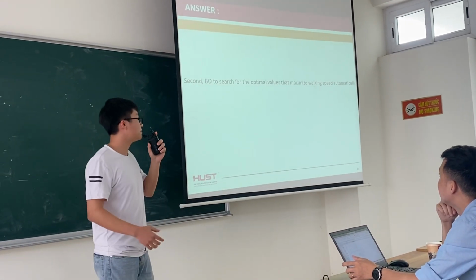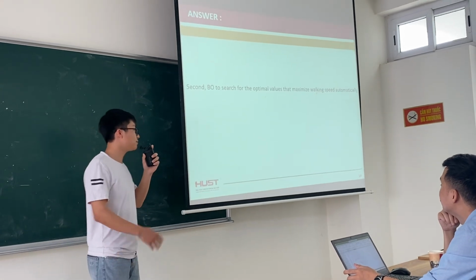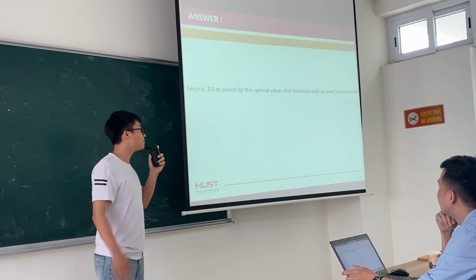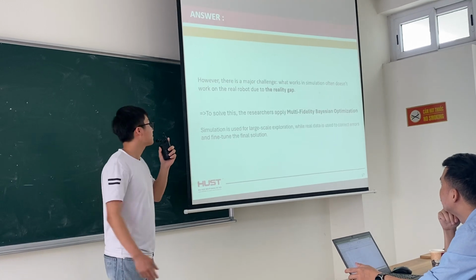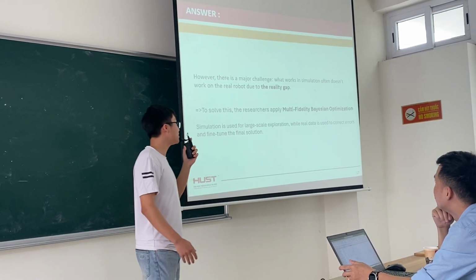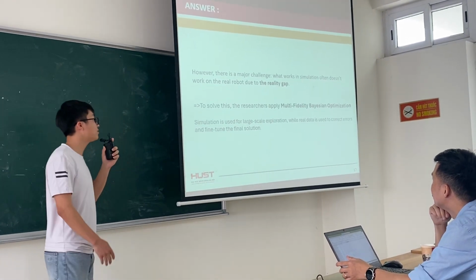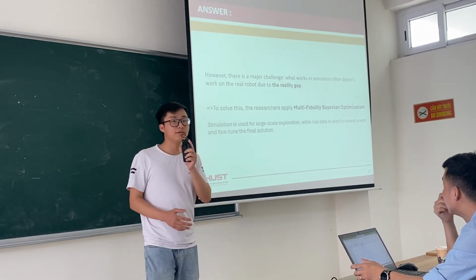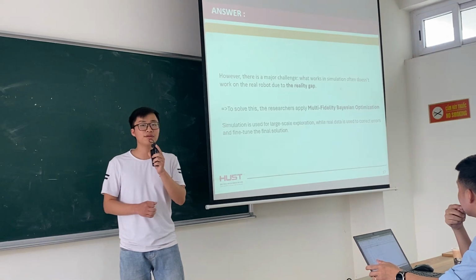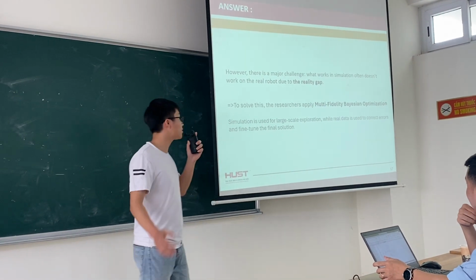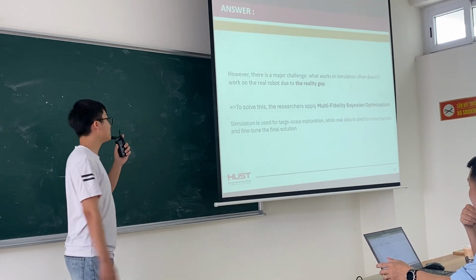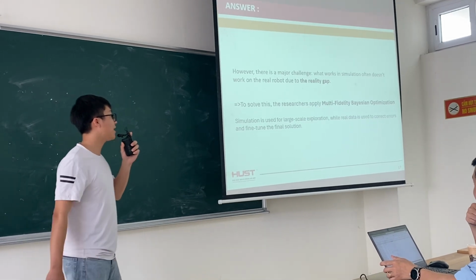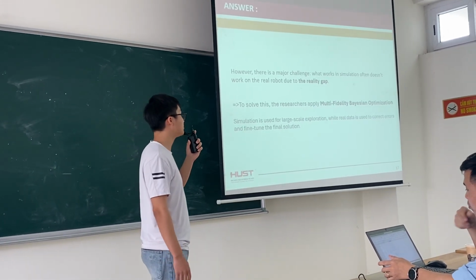The model seems like a great model now, but there's a big problem: what works in simulation often doesn't work in the real world due to the reality gap. The reality gap is the difference between simulation and real-world performance. To solve this, the researchers applied multi-fidelity Bayesian optimization.